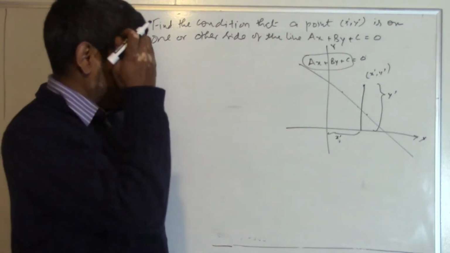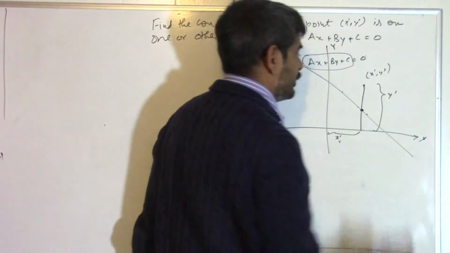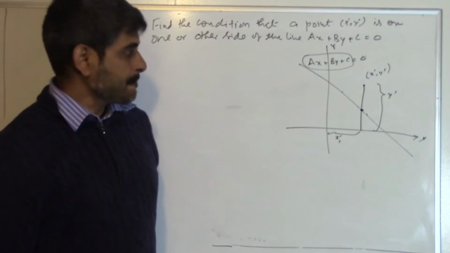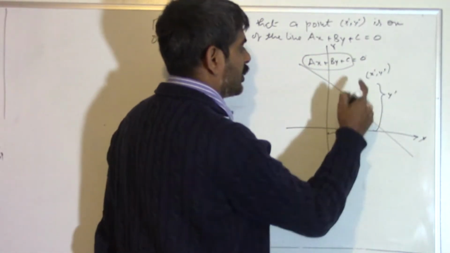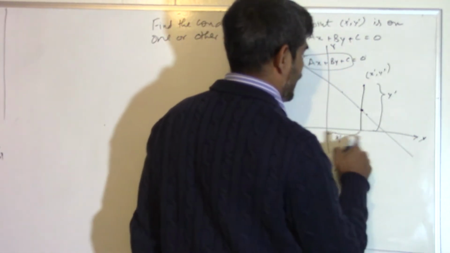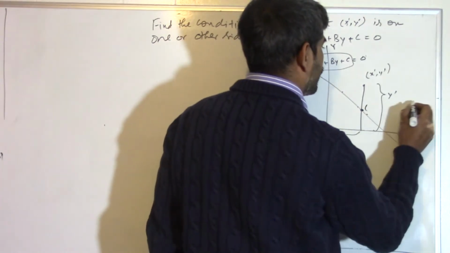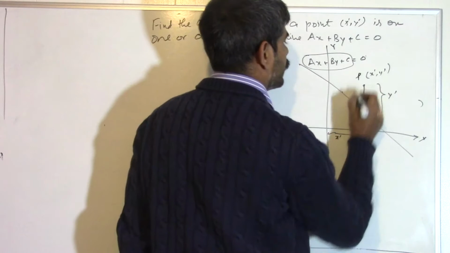And let us say this line cuts this line somewhere here. When this line cuts this line at x is equal to x dash, then we can find the coordinates of this point. And let us call it Q.